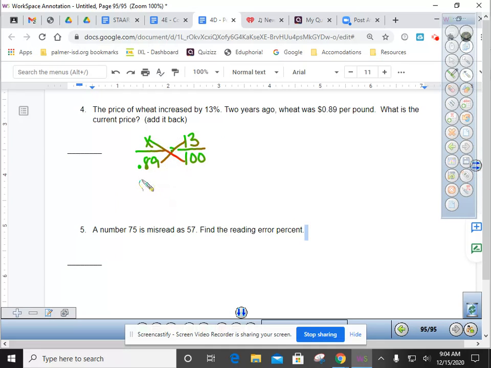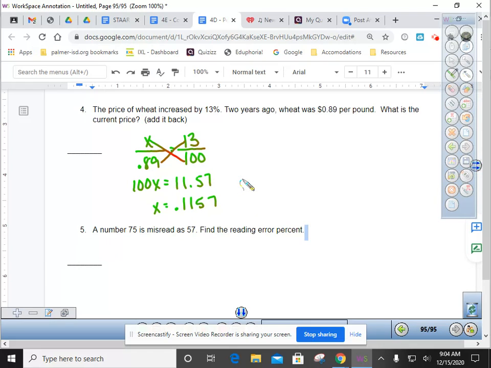Yes. So I got 100x equals 0.89 times 13, which is 11.57. Then we divide by 100. That gives us 0.1157, right? And it's money, so what are we going to do?